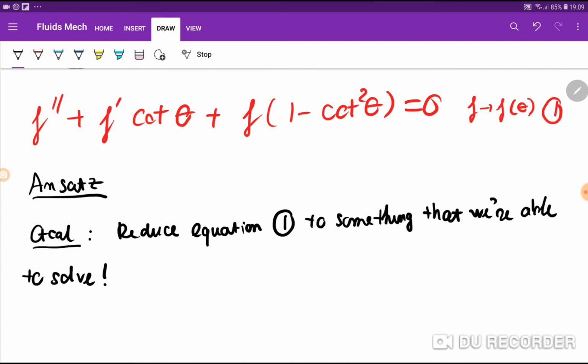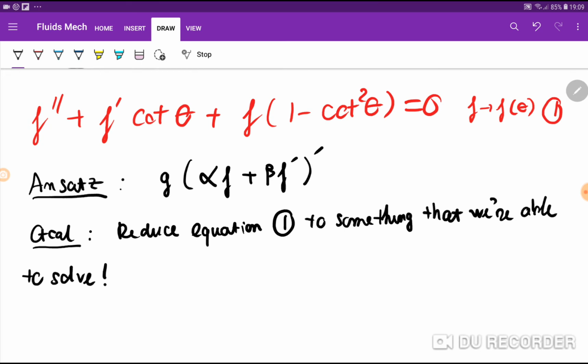So what's that thing we are able to solve? Dr. Malamateris' proposal for the ansatz is that we reduce equation 1 to g times alpha f plus beta f prime.